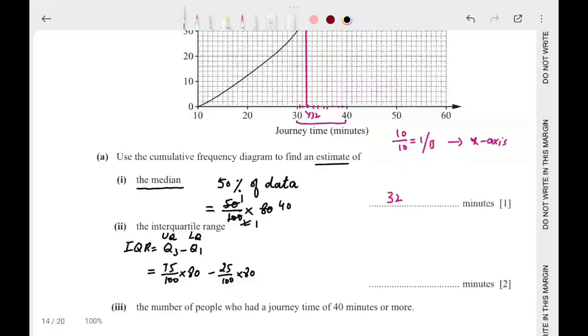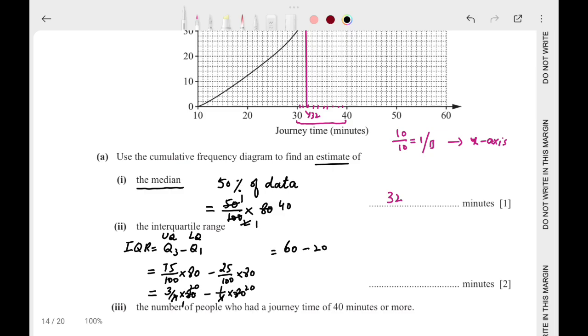So we will simplify it. It will be 3 by 4 times 80 minus 1 over 4 times 80. So 4 ones are 4, 4 20s are 80, 20 times 3 is 60, minus 20.